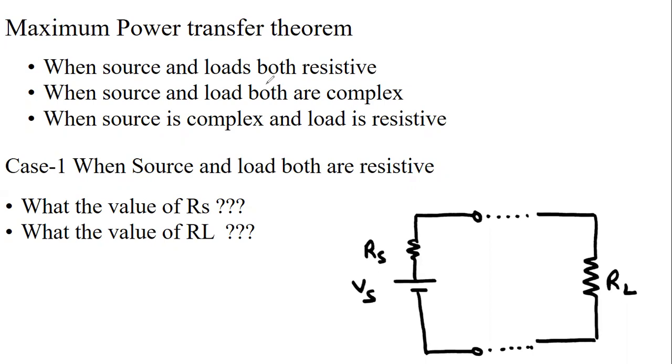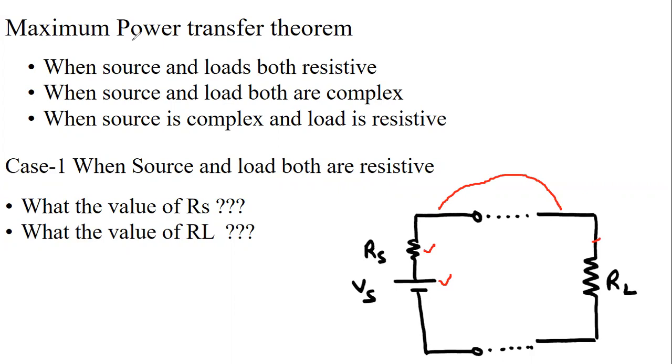As we have discussed with the Thevenin theorem, any two terminal network converts into a voltage source. Suppose this is the voltage source with a resistance Rs connected to a load. What is the power that can be transferred from source to load? That is signified by the maximum power transfer theorem.